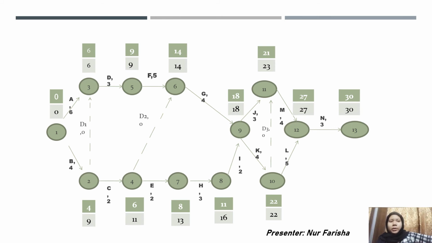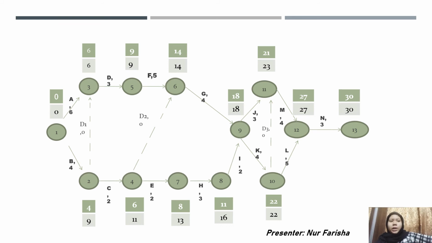Node number 12 has 2 options, which are 21 plus activity M duration time 4 get 25, and node 10, 22 plus activity L duration time 5 get 27. So we choose 27, the highest one. And the last node is 13. 27 plus 3 get 30.